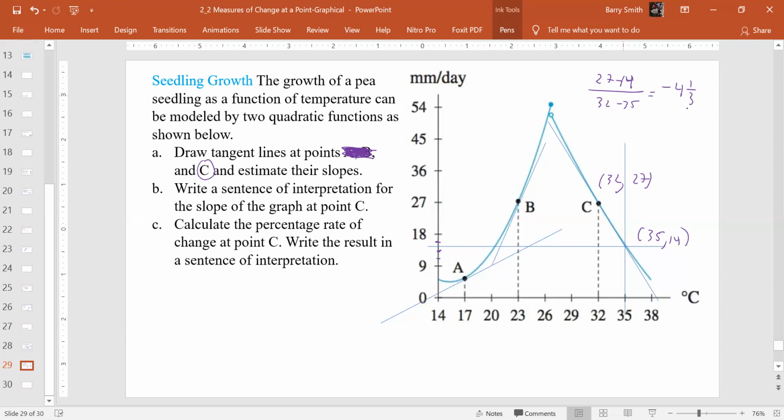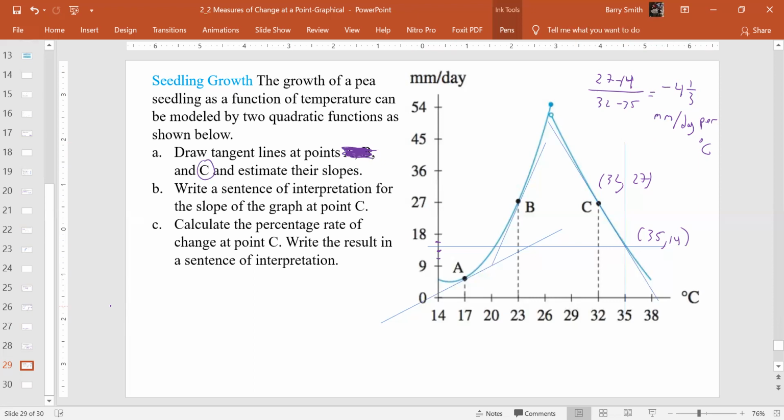It's millimeters per day, and then we have per degree C. So millimeters per day per degree C. That's how many millimeters it's growing per day per degree Celsius, really.